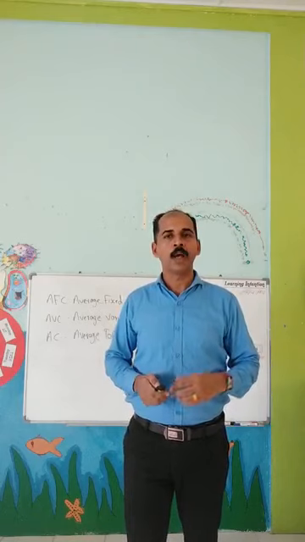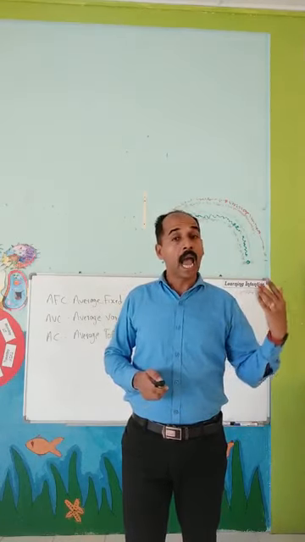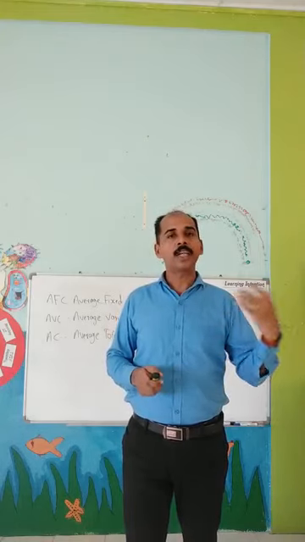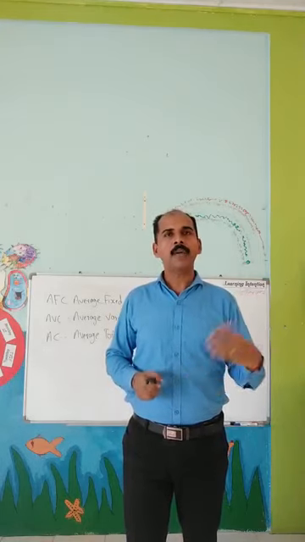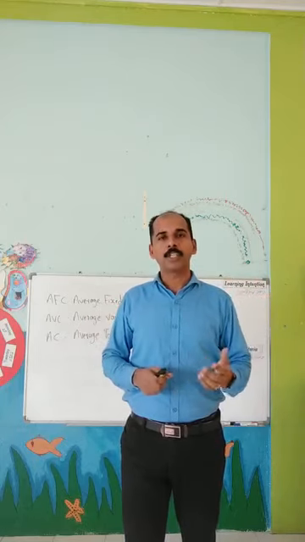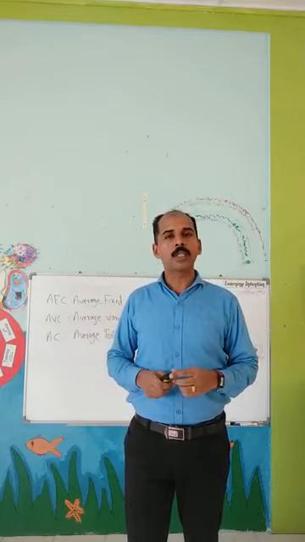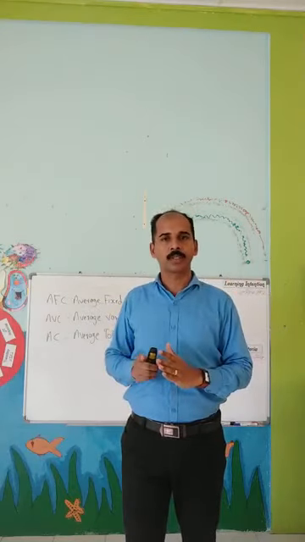Next we are going to see what the average cost or average total cost is. We know total cost is the addition of both the fixed cost and variable cost.